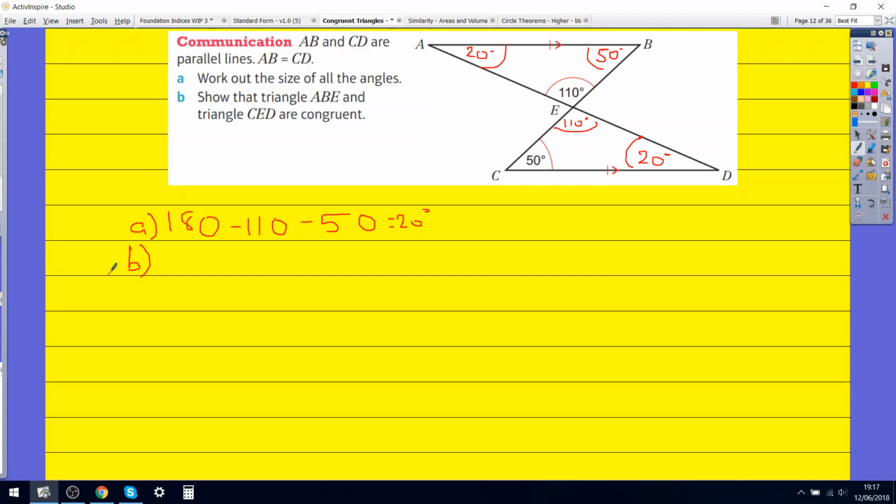Okay, so what two corresponding angles are the same? So 20 degrees on one, and then 50 degrees, and then the two equal sides shown. Okay, so angle BAC equals angle CDE.